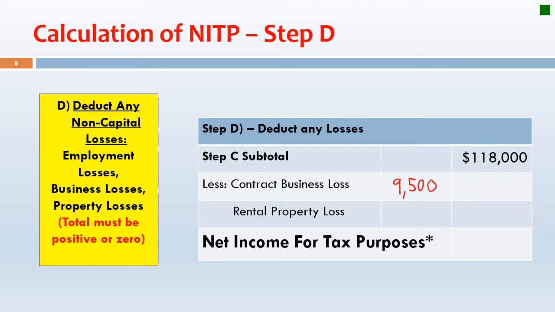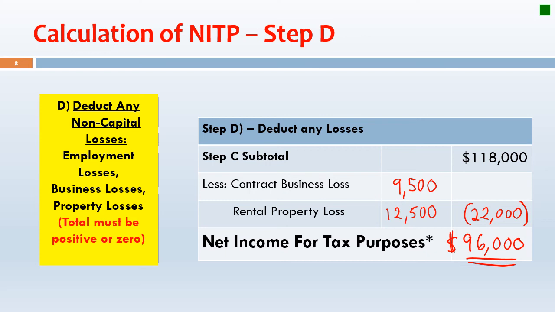He also owned a rental property, which resulted in a $12,500 loss. Totaling the two losses, we have $22,000, which we subtract from our Step C subtotal. This final number is our net income for tax purposes.